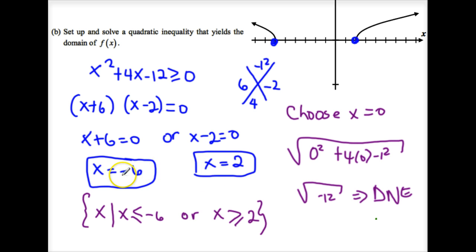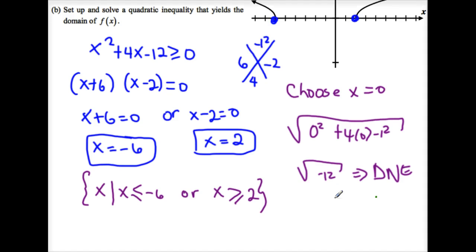So anything that's between negative 6 and positive 2 will give you a do not exist or an error, undefined. So that's why it has to be all the values that are less than or equal to negative 6 and all the values that are greater than or equal to positive 2.